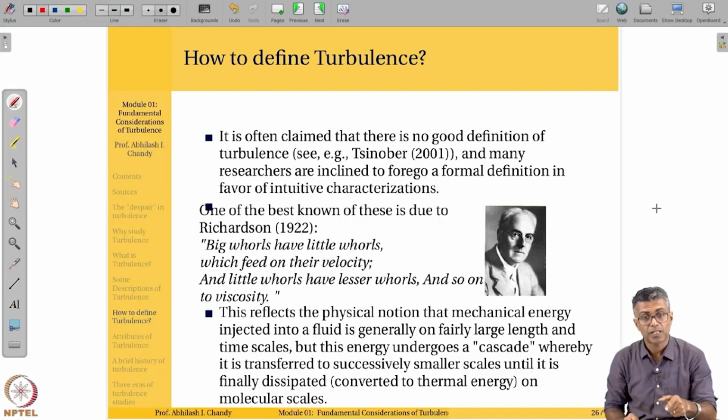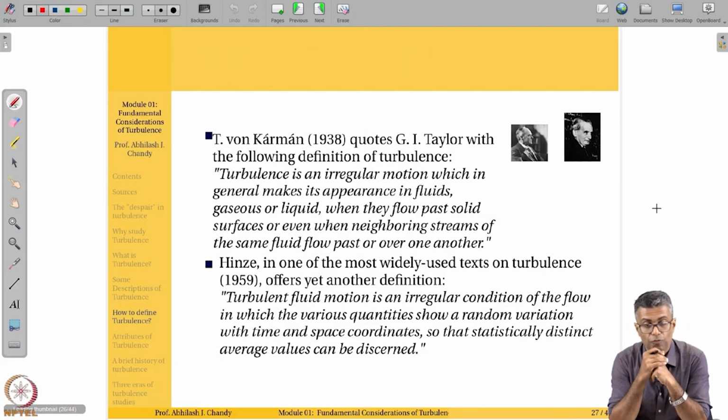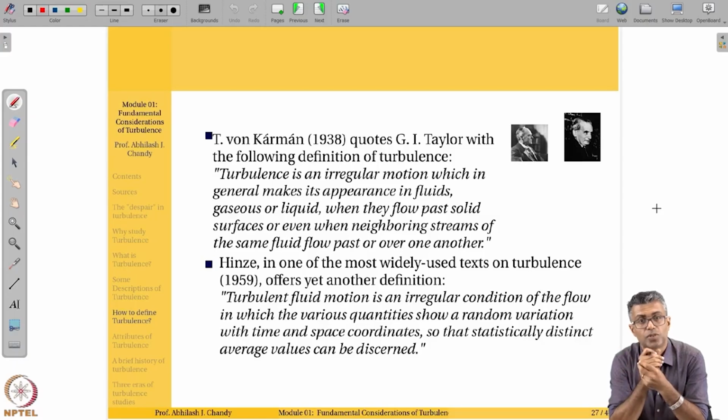Moving on, let's look at the next definition. von Karman quotes Taylor and came up with the following definition.